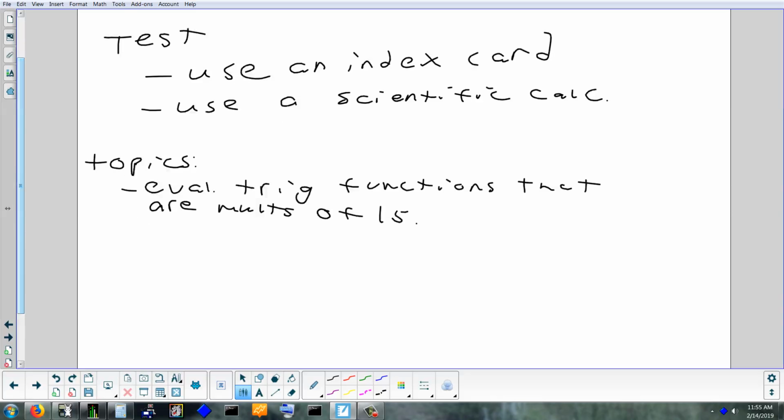So if it was in degrees, it would be something like find the cosine of 15. Okay. And you'd write it as a difference. I'm not going to go through the whole thing, but that's how you would start it off. So evaluating trig functions that are multiples of 15. If you get a problem that's in radians, my suggestion would be change it to degrees. That's going to make it easier.